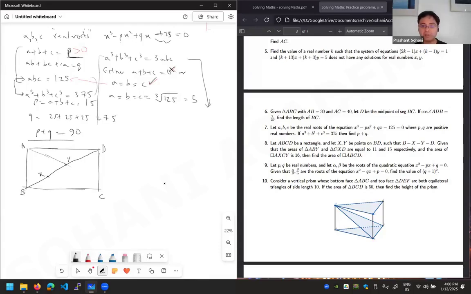So what is given is that the areas of ABY and CXB are given, and AXCY is also given, and we want to find the area of the entire rectangle ABCD. So what do we do first?